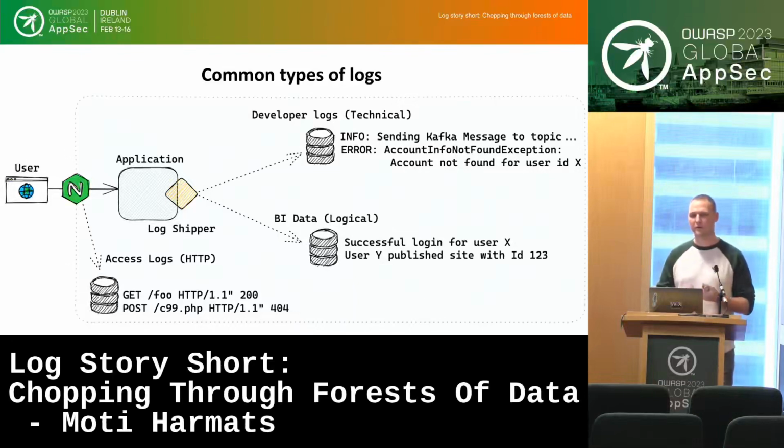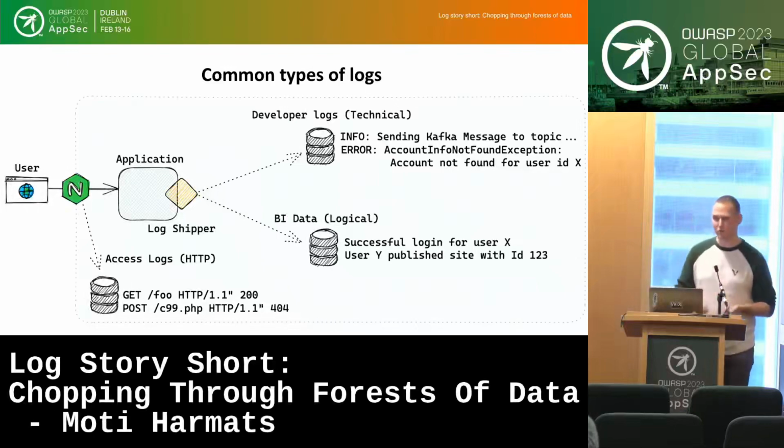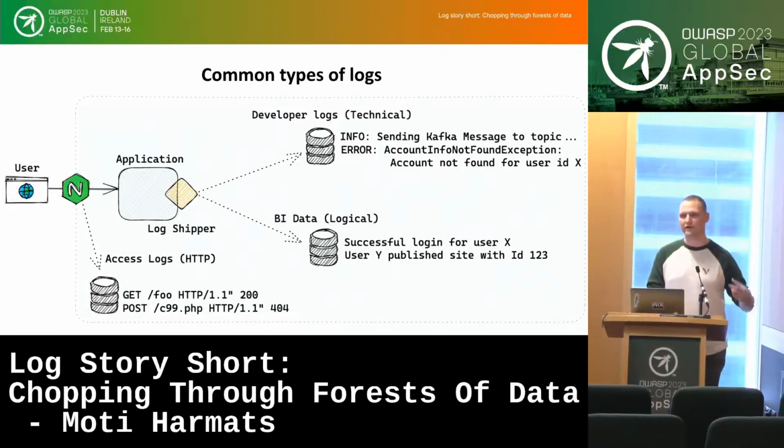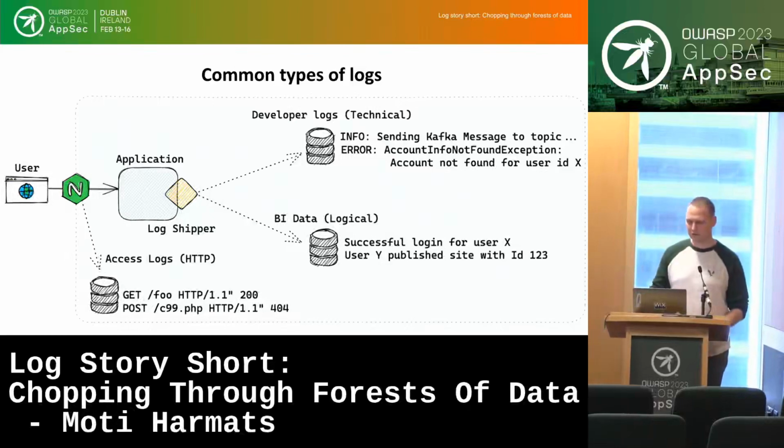There are the things that tell the story of what happened technically in the system. The developer wrote them, and wants them to be read by the developer's team, and not by some product person or someone who understands the flow of the product. Things like sending a Kafka message to some topic or some exception that an account wasn't found.